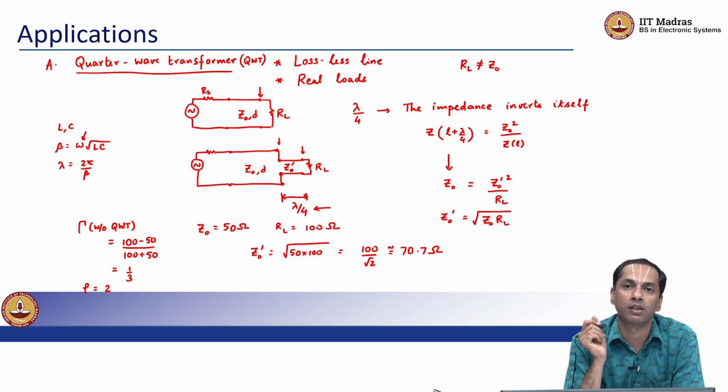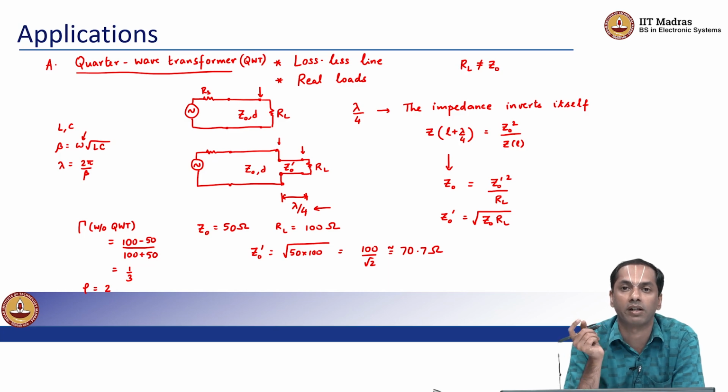Because if you remember, when we talked about the voltage standing wave ratio rho, the points of maximum and minimum voltage swings occur at positions where the impedance is purely real, right?